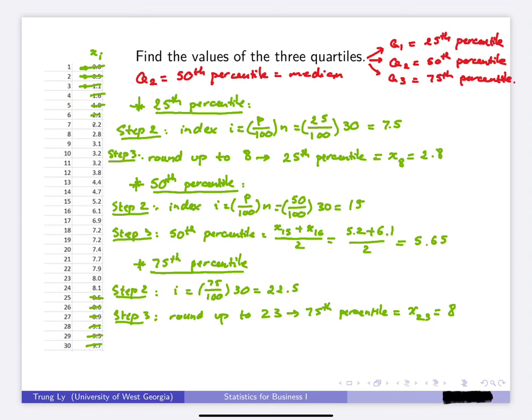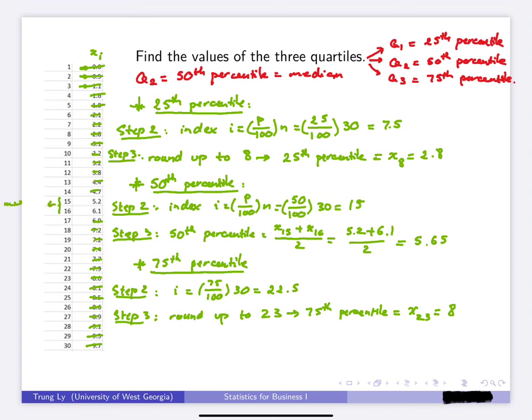So I'm going to keep doing it until I end up with one or two values in the middle. I know it's tedious, but we're getting there. Okay, so now we end up with two values in the middle. And from our discussion in a previous video, the median is going to be the average of those two values.